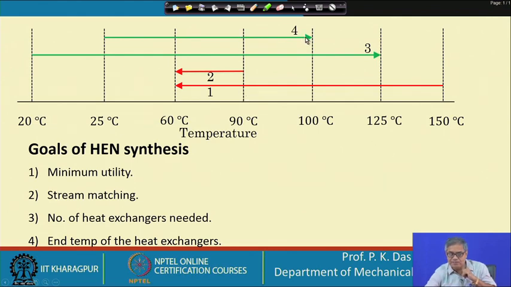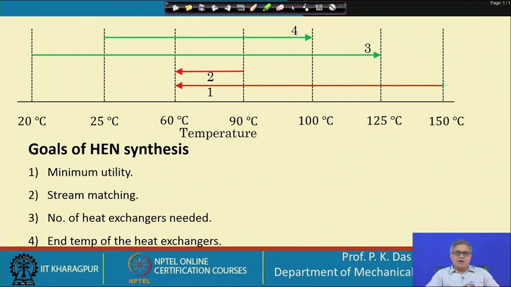Then there are 3 streams here, 2 streams over here and 1 stream over here. These are part of the network. The heat exchanger network extends from 20 degrees Celsius to 150 degrees Celsius. In this entire temperature range there are zones, and in each zone there will be a few streams.